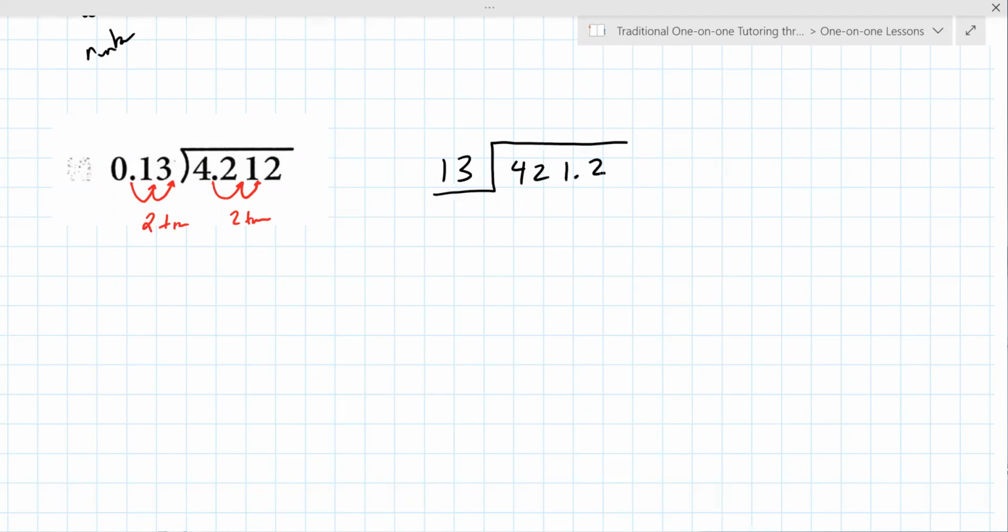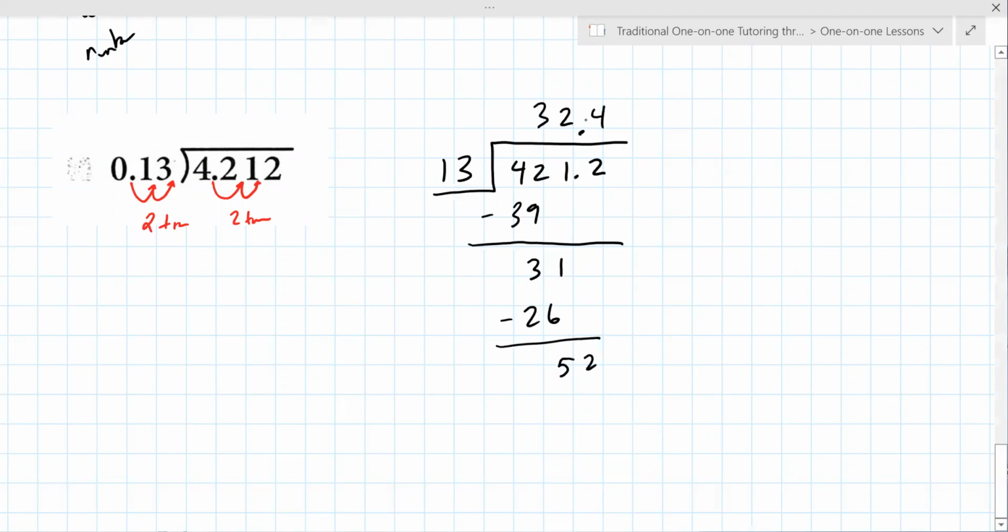How are you doing on this one? Almost done. How are you doing on this one?